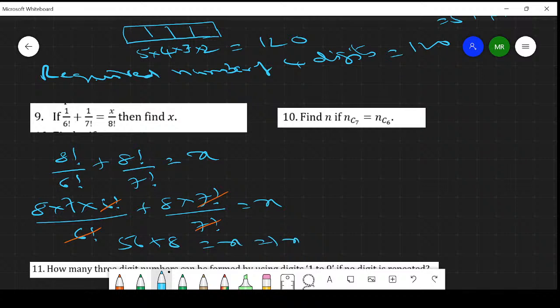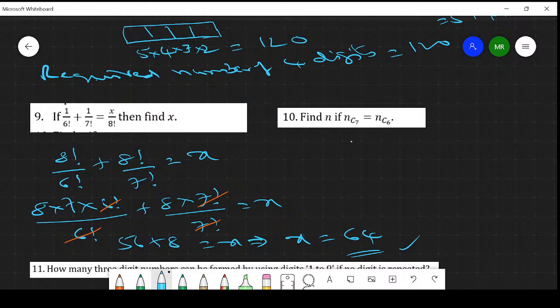That means x is equal to 64. That will be your answer. Correct? Understood? 56 plus 8 is equal to x, which implies x is equal to 64.